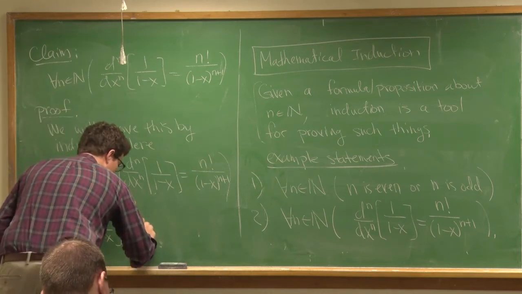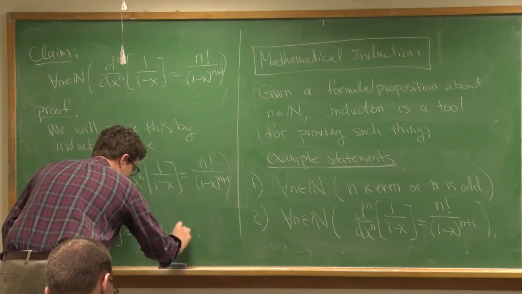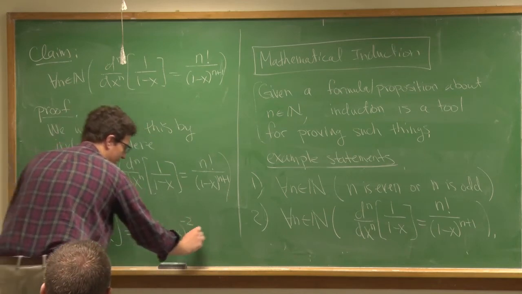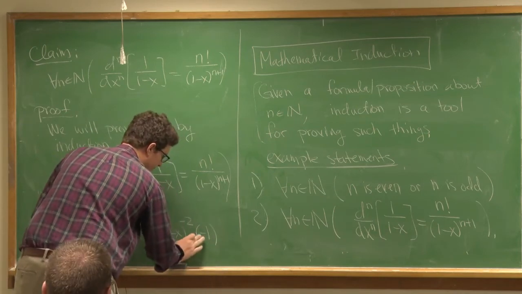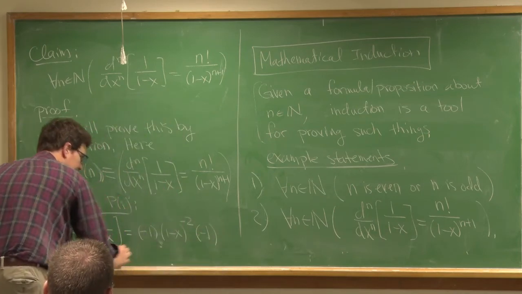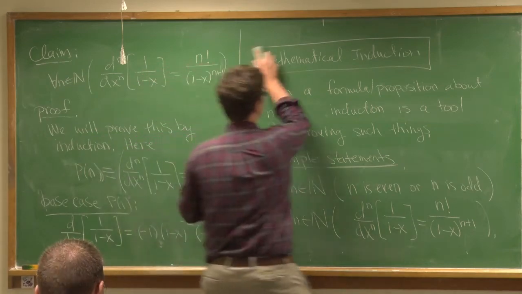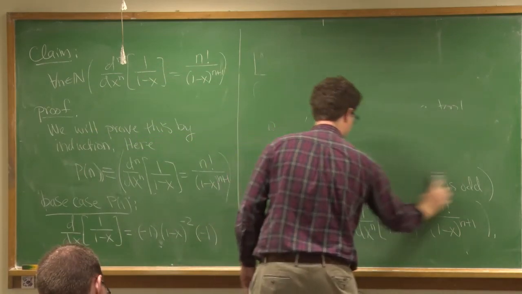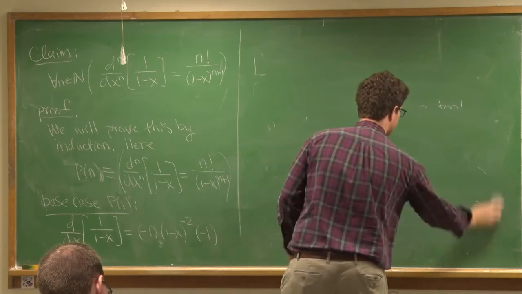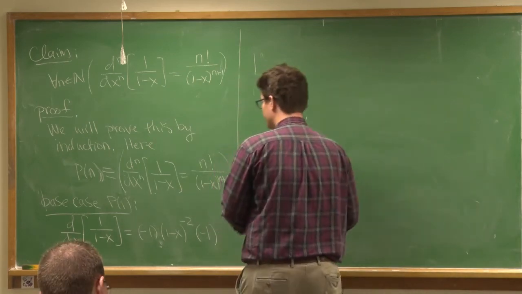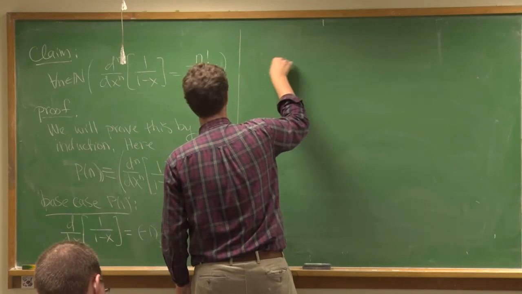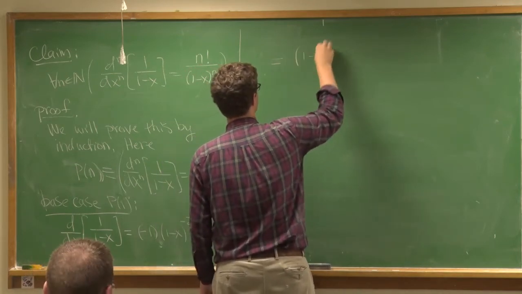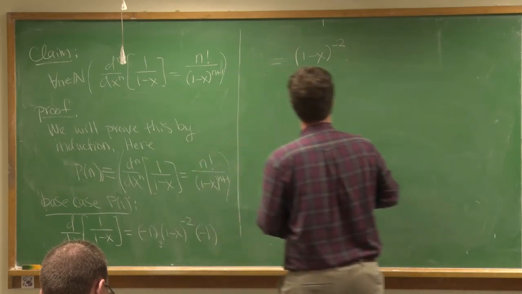So I bring down negative 1, 1 minus x to the negative 1 minus 1, which is minus 2, and then we have to do a chain rule, which is minus 1 there. These two things cancel, giving 1 minus x to the negative 2.